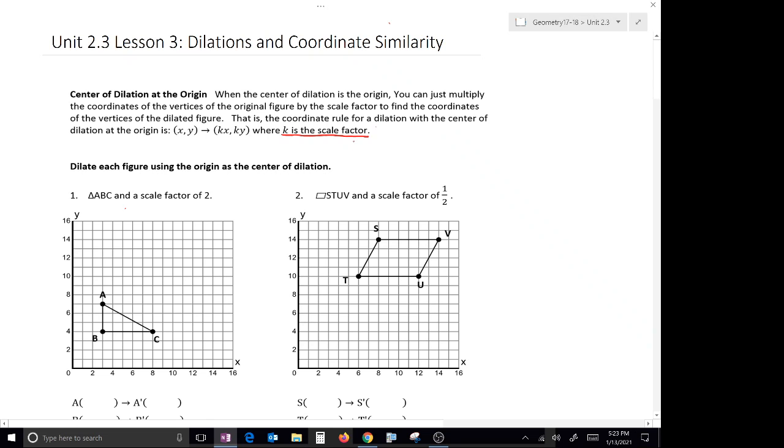It tells us whether it's a reduction or an enlargement. So if K is less than 1, it's a reduction, meaning it's getting smaller and it's shrinking towards the center of dilation. If K is greater than 1, then it's an enlargement.